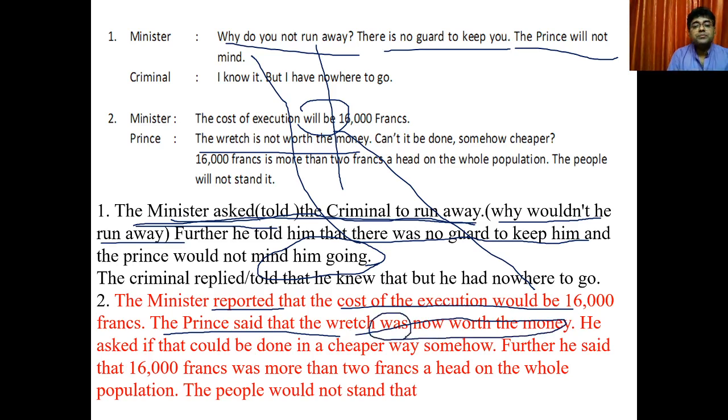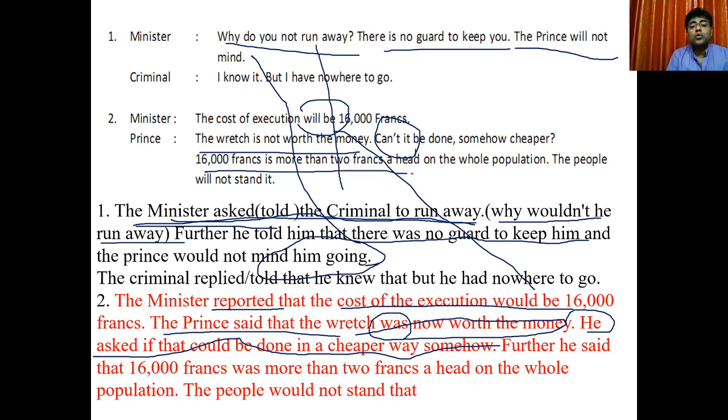Okay, then further, can't it be done somehow cheaper? See, it's a yes or no type of question. So the prince asked if that could be done in a cheaper way somehow. Can't it be done has been changed into if that could be done in a cheaper way. Right, then 16,000 francs is more than 2 francs a head on the whole population.